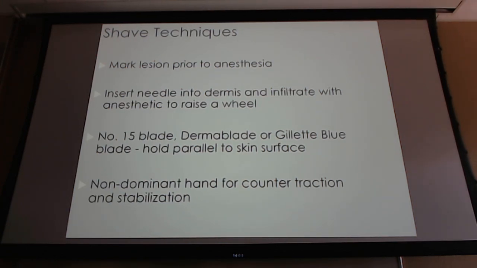Non-dominant hand to counter traction and stabilize, right? So if I'm right-handed, I'm going to shave with the right hand. I'll use my left to lift it up, push it out or in or up or around, up and down.